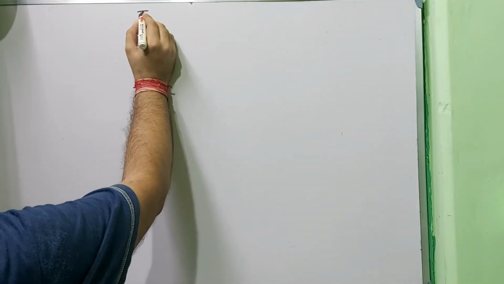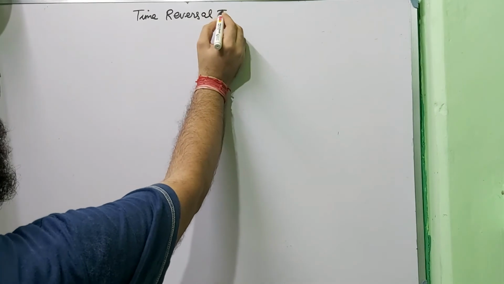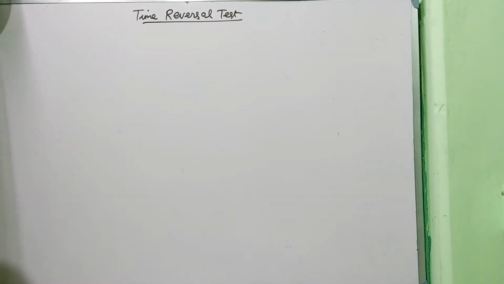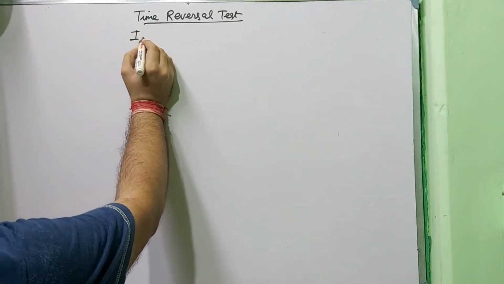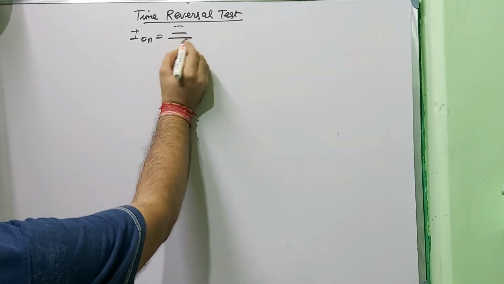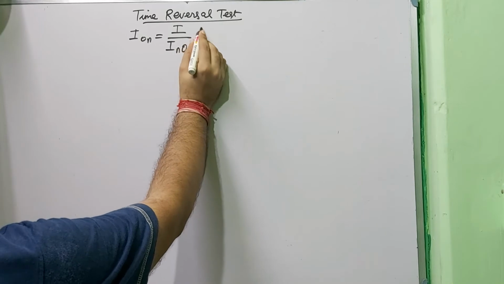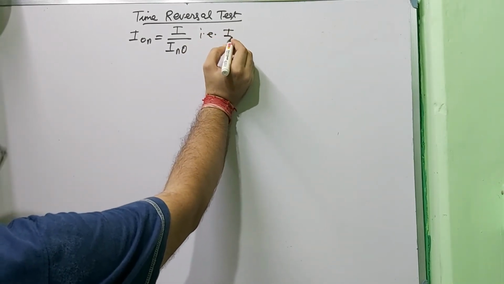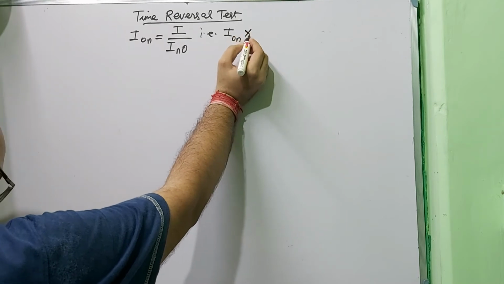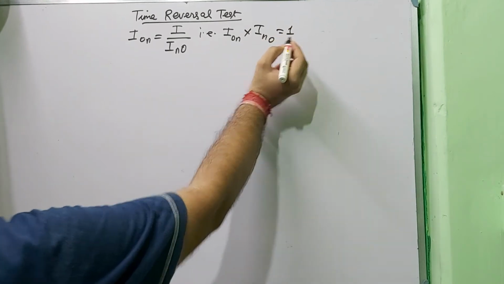Suppose this is time reversal. I can write symbolically I0n is equal to 1 by In0, or that is, I0n into In0 is equal to 1.